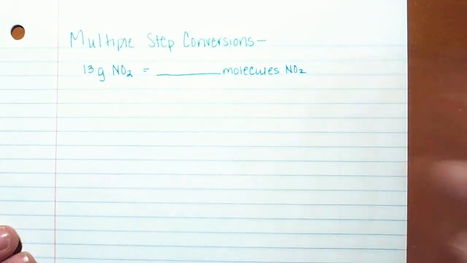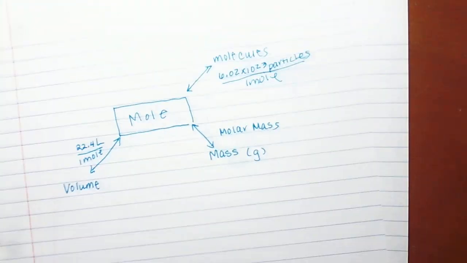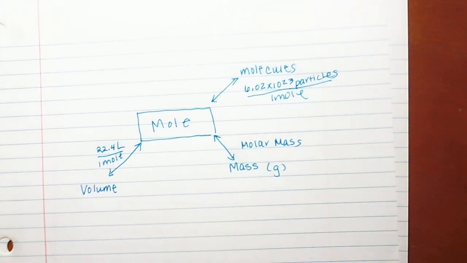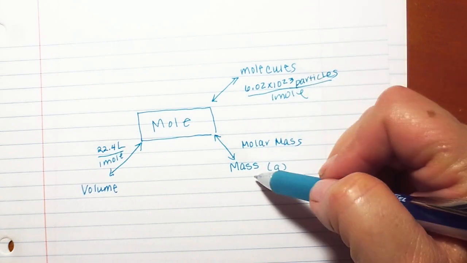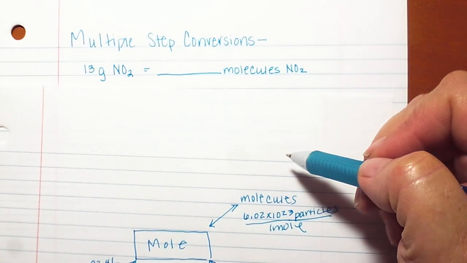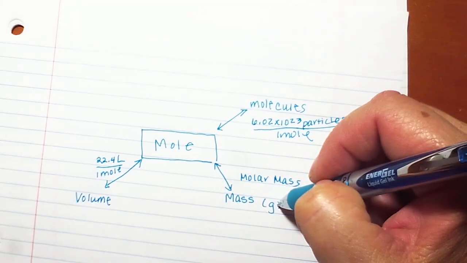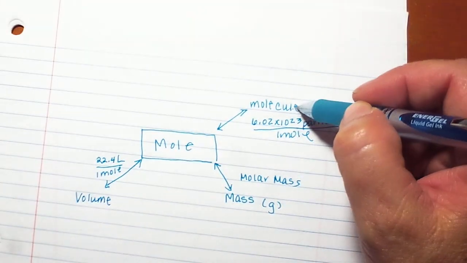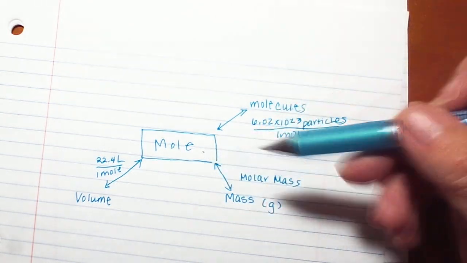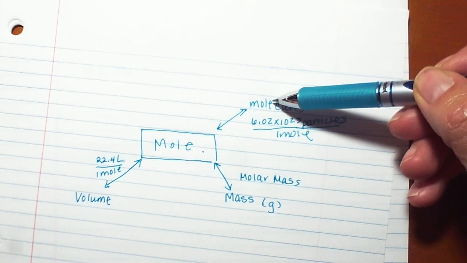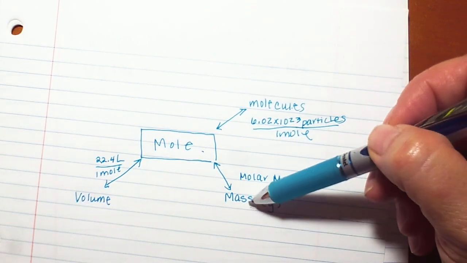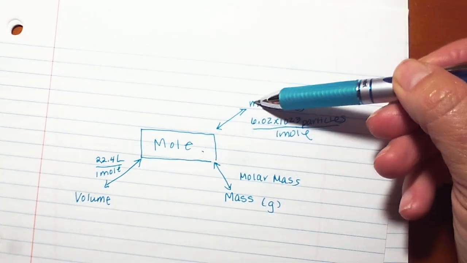So according to our mole tool, which you should have put on your periodic table, we are starting with grams here, right? We're starting with grams and we want to go to molecules. So the only way to get from grams to molecules here is to go through the mole. So we're going to go from grams to moles and then from moles to molecules. And that's the path we're going to take. Grams to moles, moles to molecules.